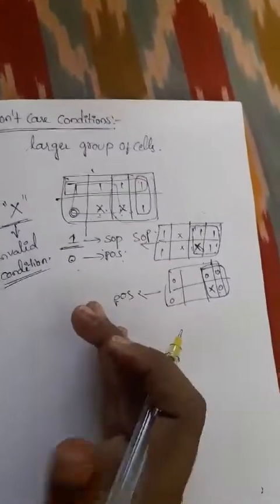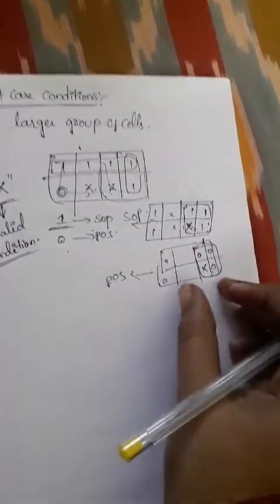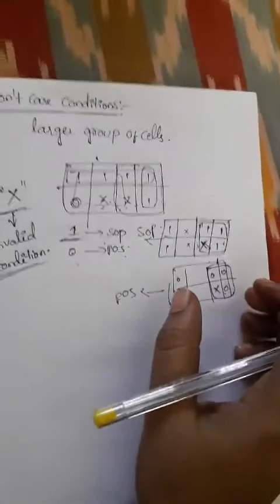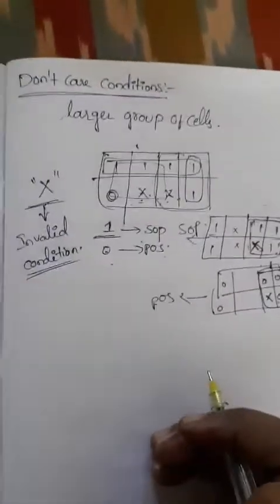So what is the use of a don't care condition? We can group cells with the help of the SOP expression or the POS expression also. That means we can simplify a larger group of cells. That is the major purpose of the don't care condition.